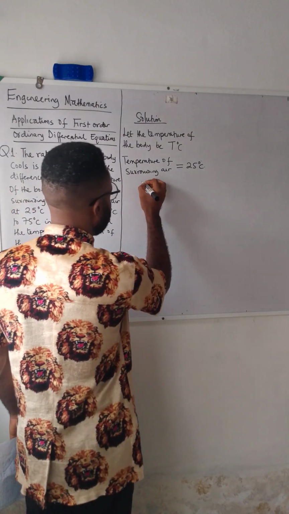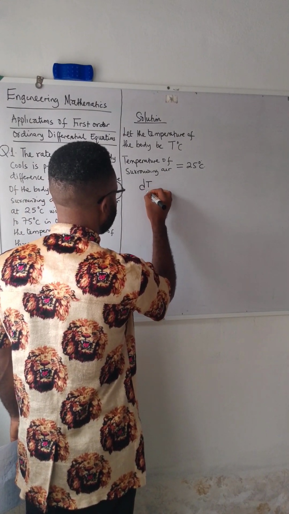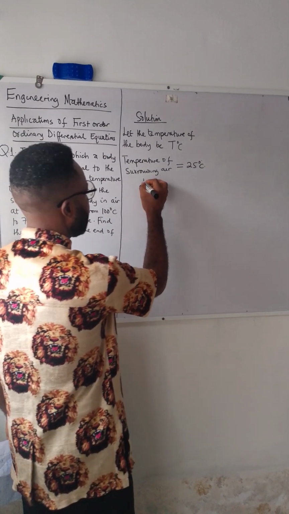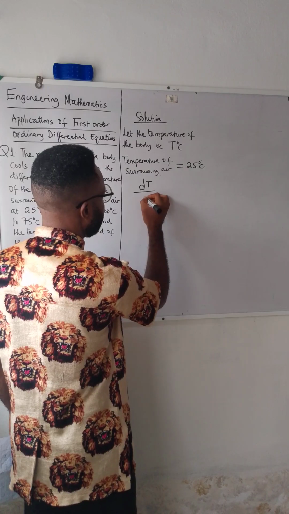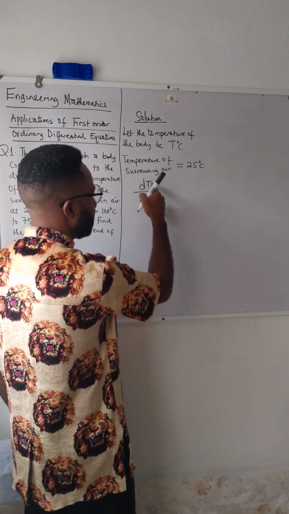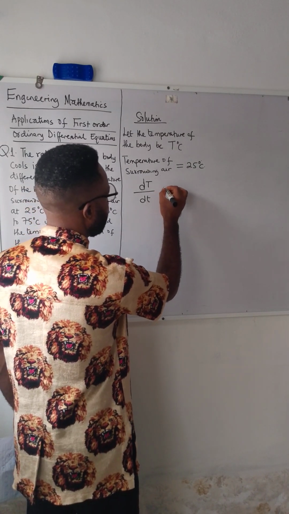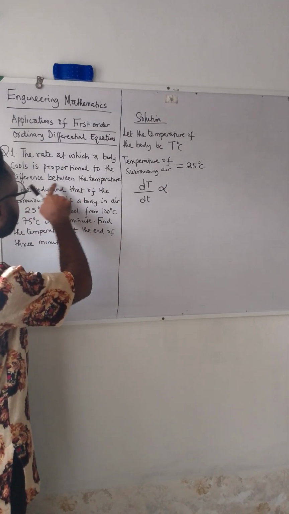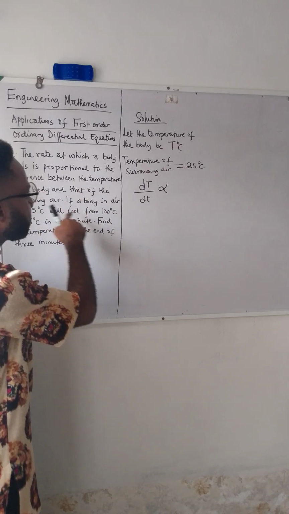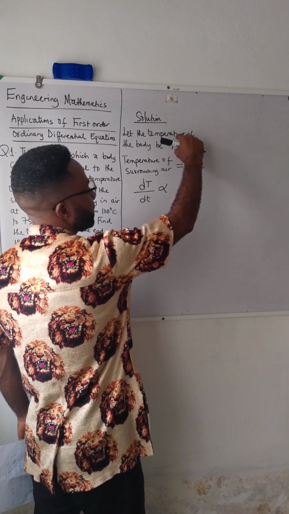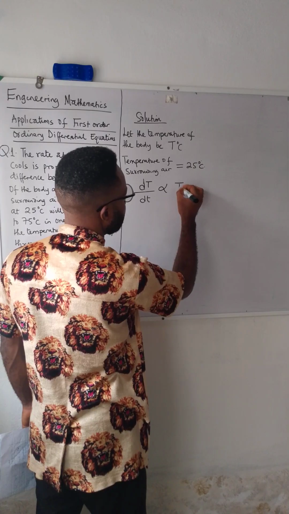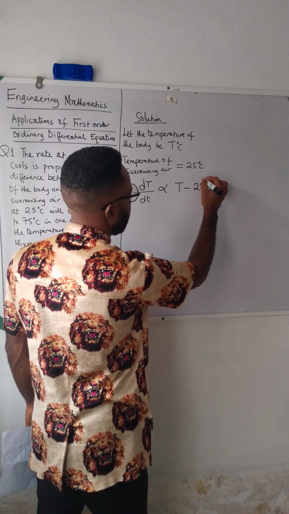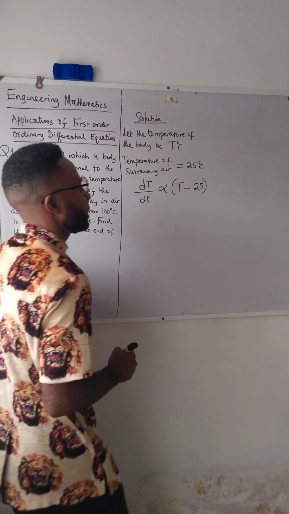So that implies that the change in temperature, because this is happening with respect to time, so we say that the change in temperature with respect to time, that is dT over dt, is proportional to the difference between temperature of the body and that of the surrounding. So temperature of the body is T degrees, so this would be T minus that of the surrounding, which is 25. So we can put this in brackets, okay?